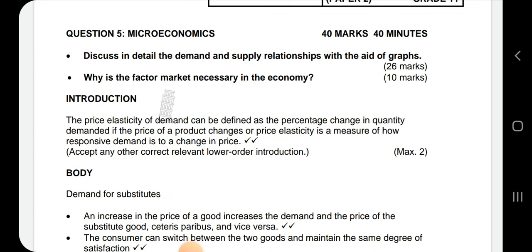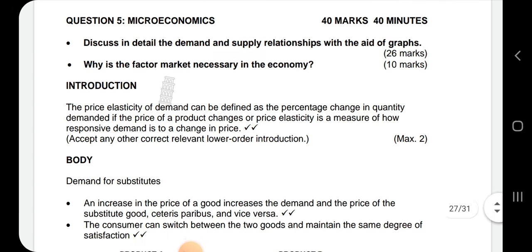So when you read this topic of demand and supply, read it in a way that you understand it fully. Guys, use Google as well. If you're studying and you don't understand the concept, go to Google, learn more about it. It will help you a whole lot to come up with even examples. And the person who is marking you will know that this person knows their story. Like they have so much information about demand and supply.